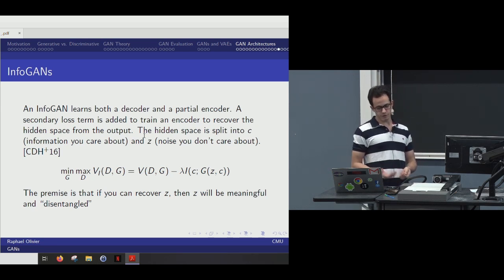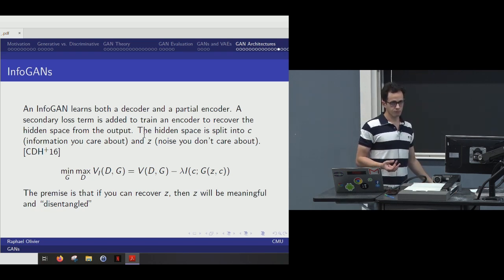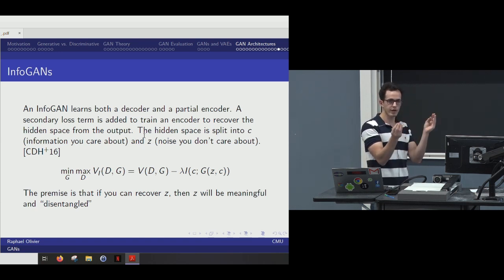So the idea behind an InfoGAN is, if I have, say, a figure from MNIST, how many features are there actually that are meaningful? You can say the orientation is meaningful, the boldness is meaningful. There's a couple like that, maybe 10.